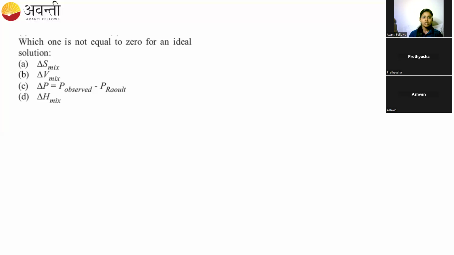So which one is not equal to 0 for an ideal solution? Which one of the following is not equal to 0? For an ideal solution, delta V mix is equal to 0, delta H mix will also be equal to 0, and delta P, if you take the observed minus Raoult's law value, will also be 0.